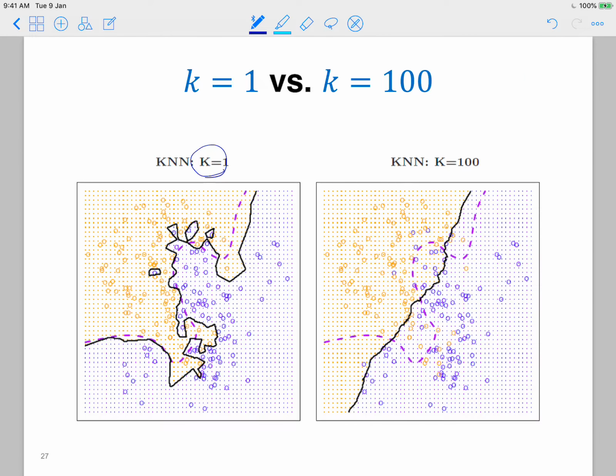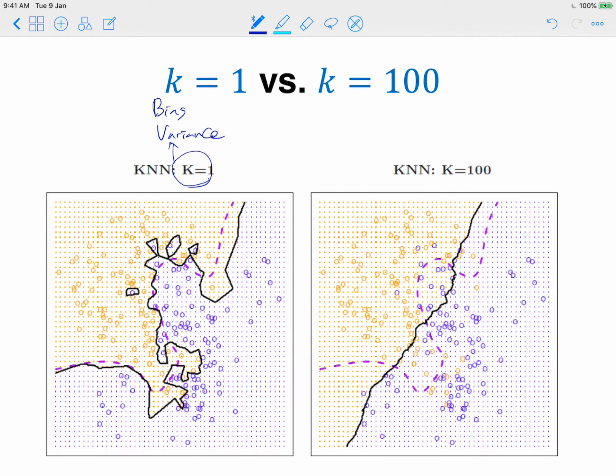So in terms of a bias and variance perspective, I'm not going to explain the details of the meaning of bias and variance, but if k is smaller, then bias gets lower and variance gets higher, and if k becomes bigger and bigger, bias becomes higher and variance becomes lower.